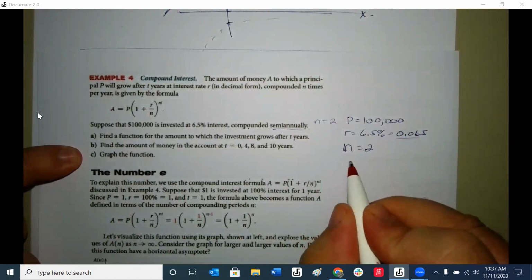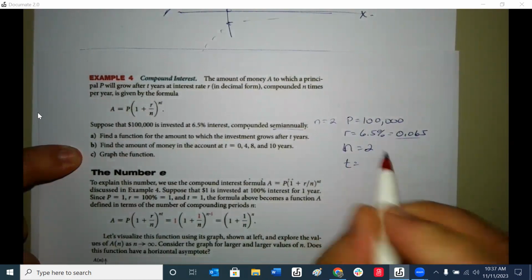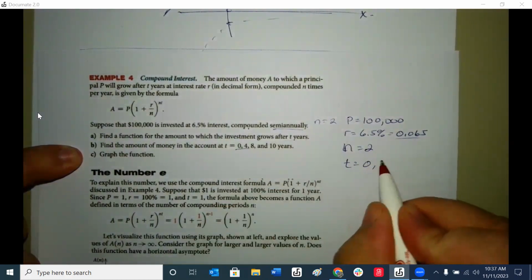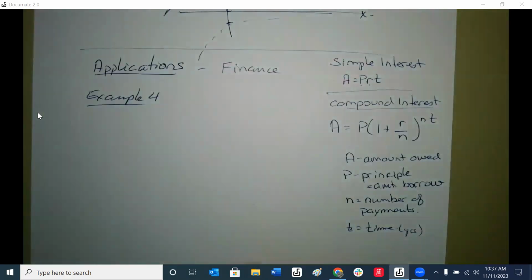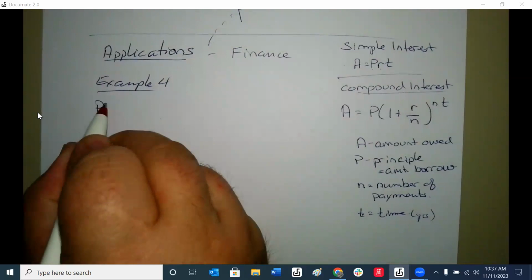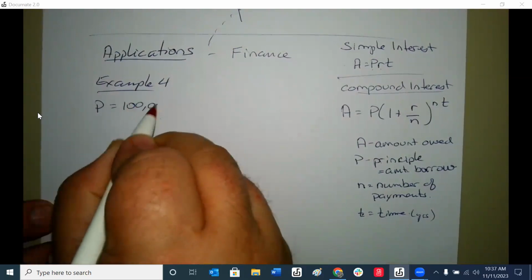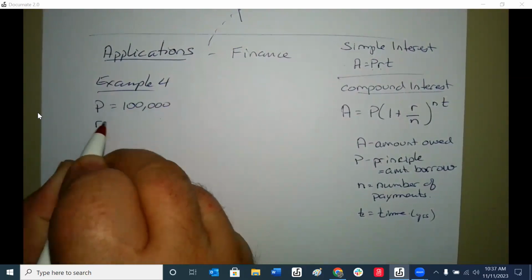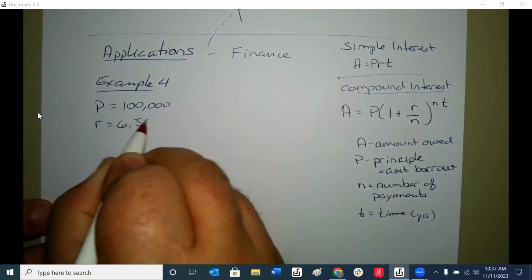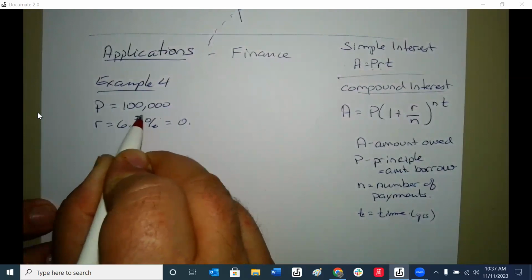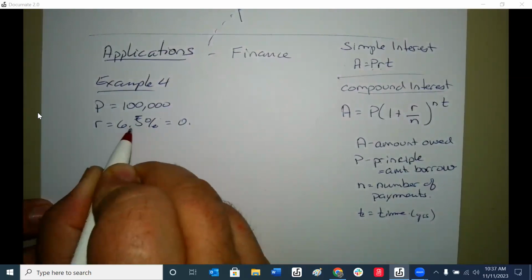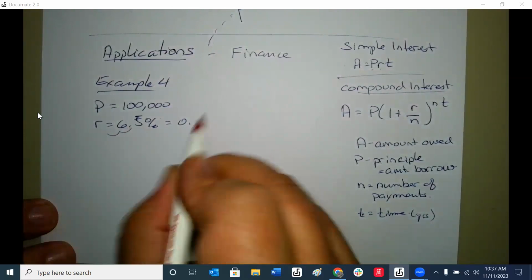It happens twice a year. And then t we're given here is 0, 4, 8, 10. So whenever you convert from a percent to a decimal, just move it 2 to the left.